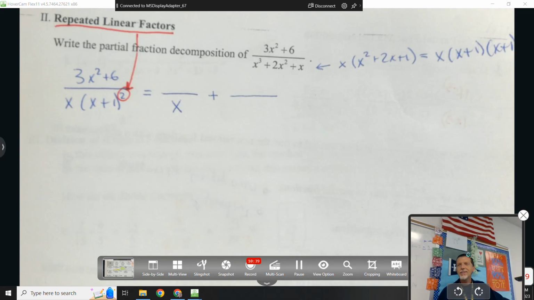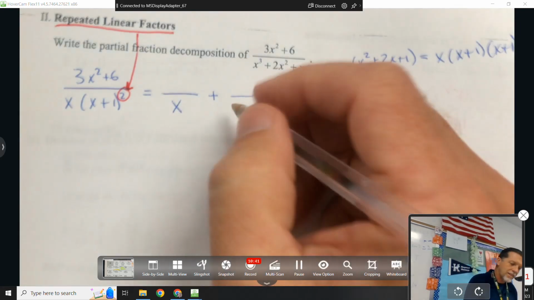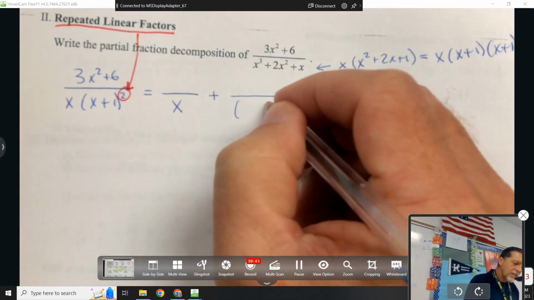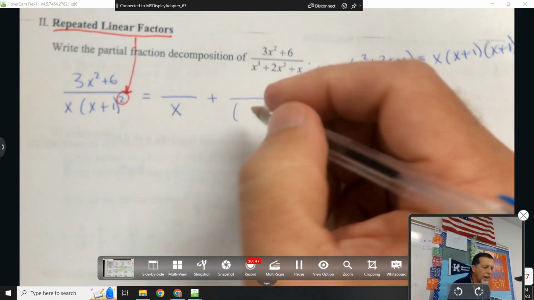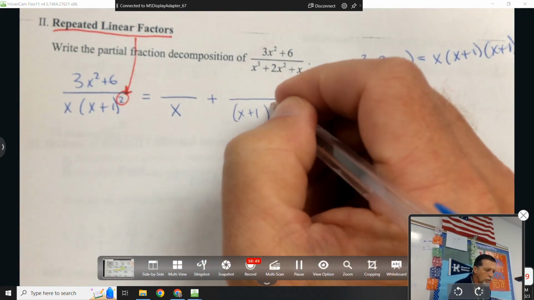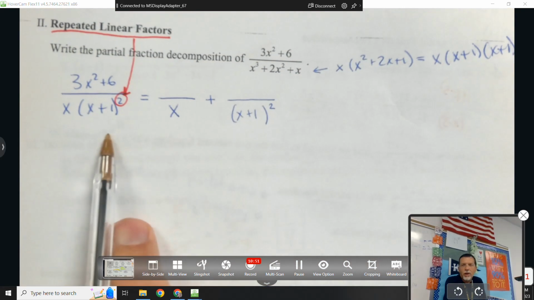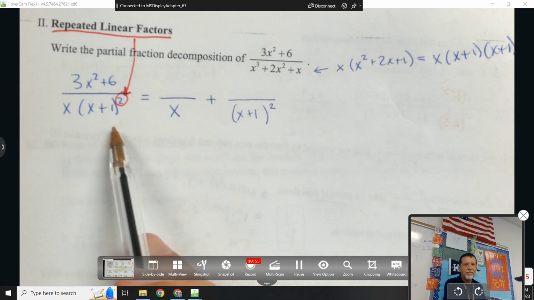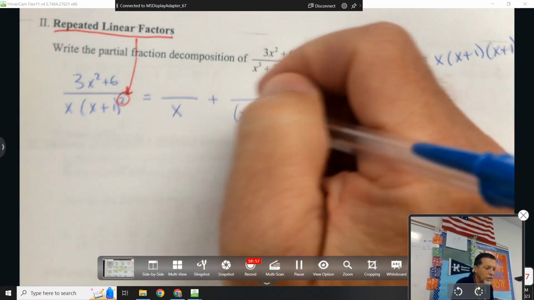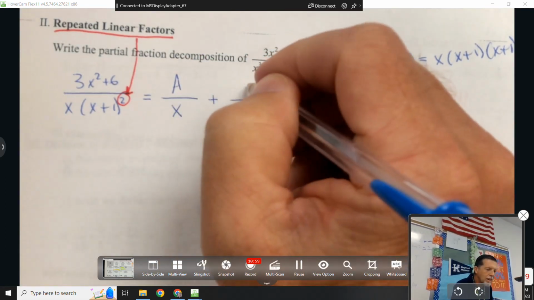Any idea? Yeah, I don't know that you'd come up with this. Square the fraction. So if you think about what would be added to get that, you would definitely have to have an x plus 1 squared. Otherwise, where would that square come from? You wouldn't just put two of them down there unless you needed two of them down there.